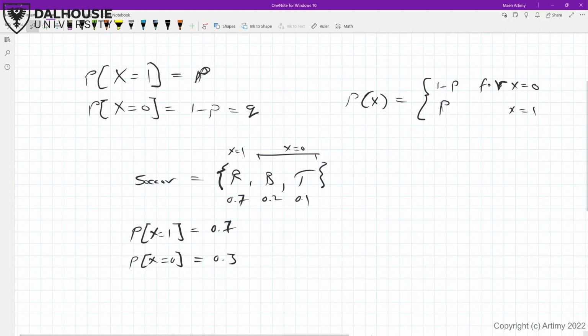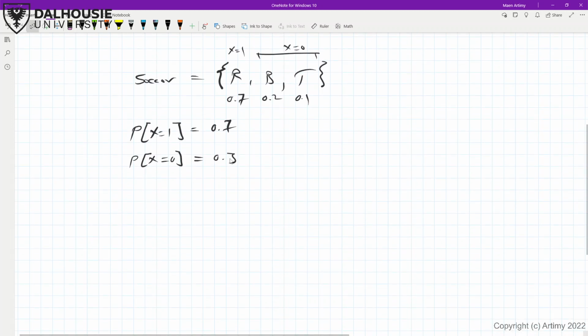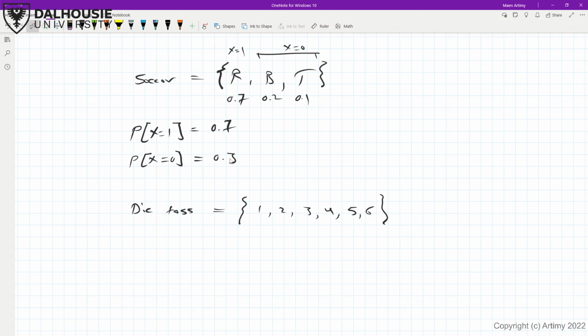All right, another example, let's say a die toss. Here the outcomes are 1, 2, 3, 4, 5, 6, right? Let's say I am playing a game and the success for me is getting a number 6.